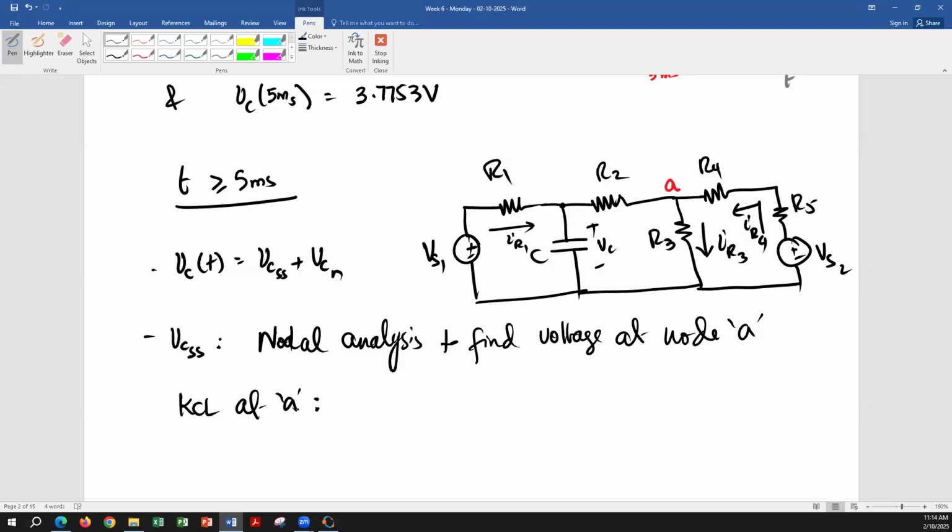So what is the other side? No, not second node. There's no second node. There's node A. There's one node only.